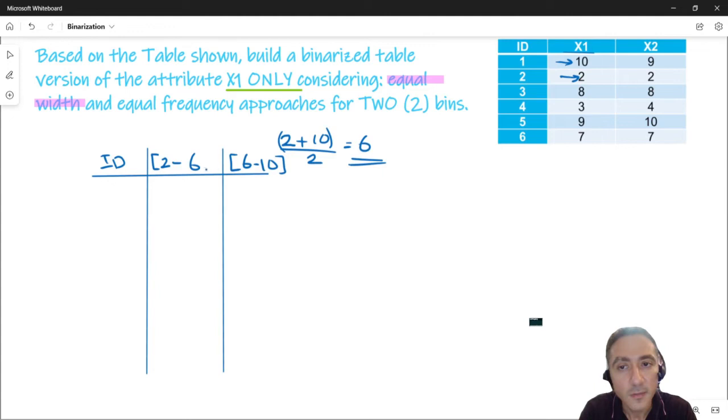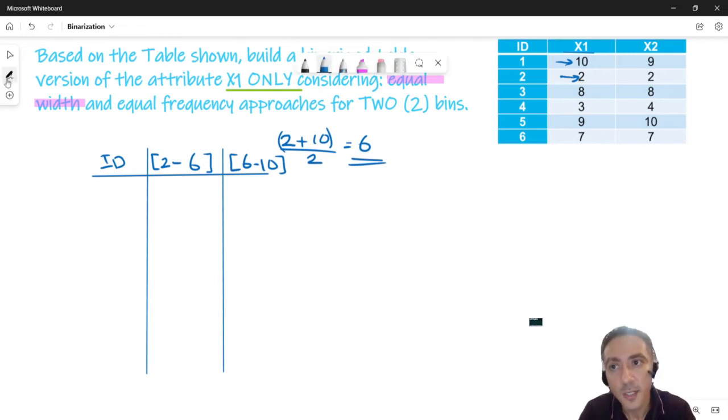I intentionally kept this value here without anything, simply because I cannot close the range like this. If I say this, that means in case I got a data point where the value of x is 6, just imagine I got another data point where the value is 6, then how can I determine in which bin this data point has to go? This is why I intentionally kept this without anything at first.